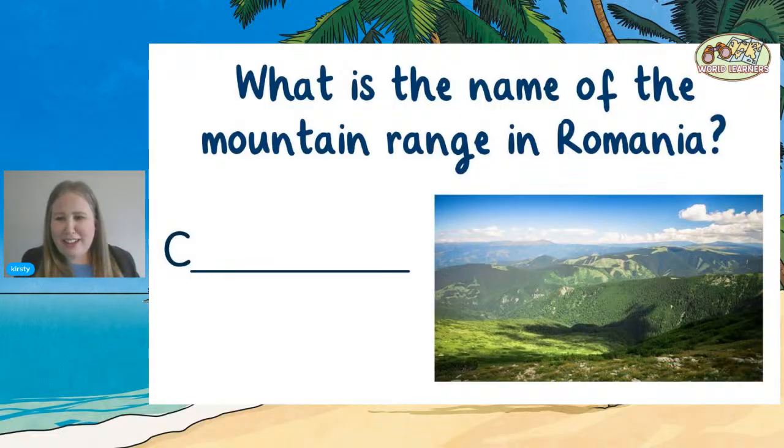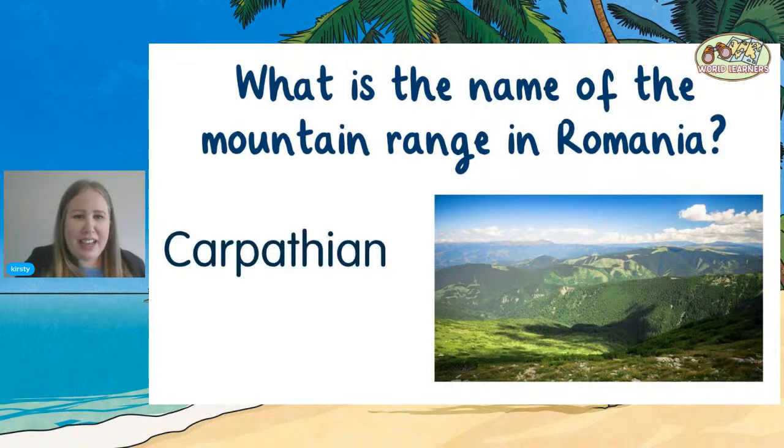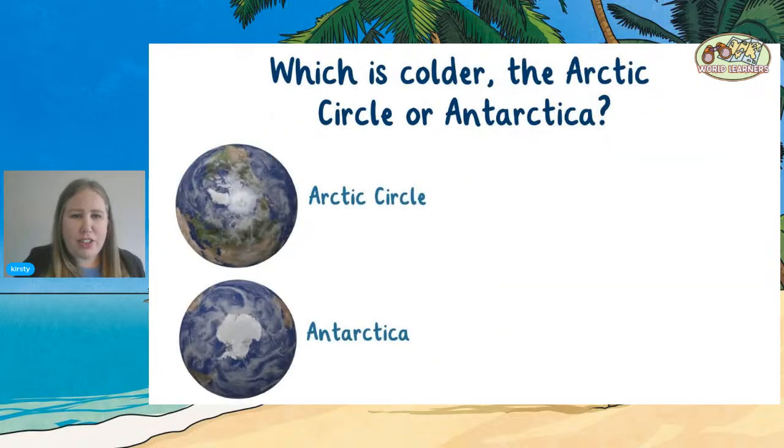Oh, well done. I'm so impressed with you guys. You've plucked that from your memory banks, haven't you? Fantastic. Yes, it is the Carpathian Mountains. Brilliant. Let's have another, shall we?